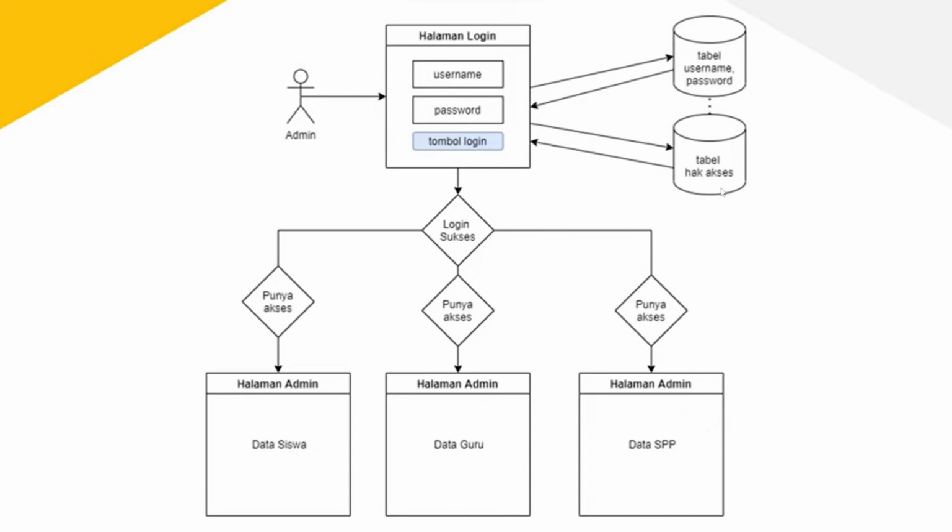The function of this access right table is to check which pages an admin can enter, and it will show the pages according to the access right he has. How to make it? Follow this video until it is finished.